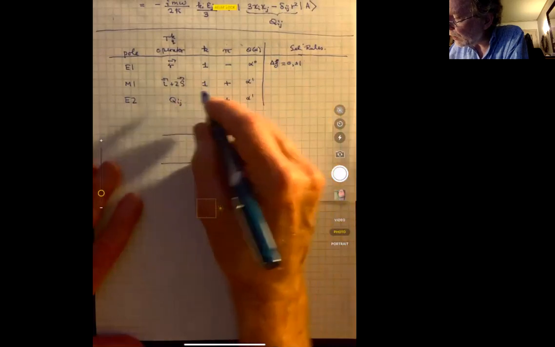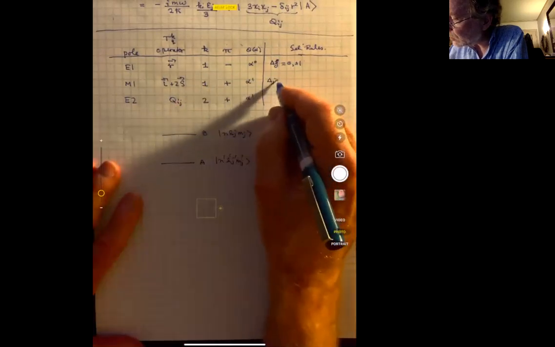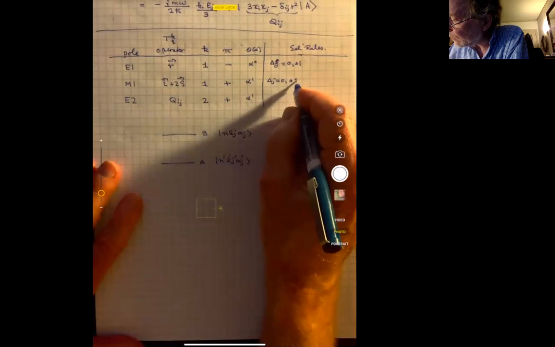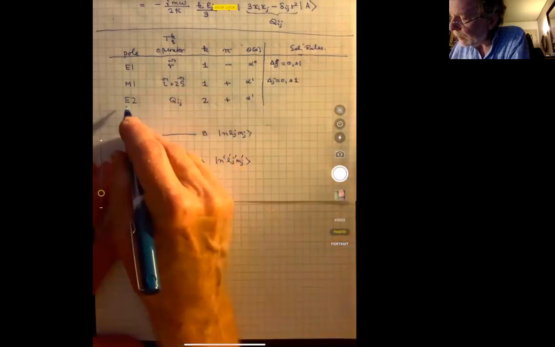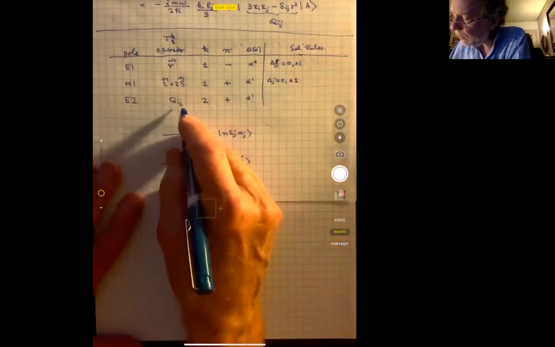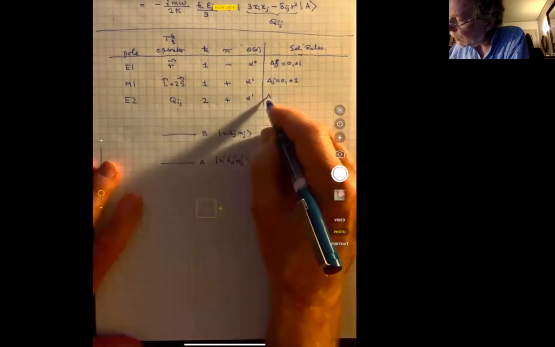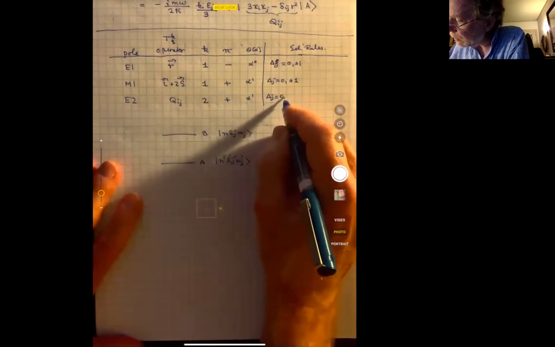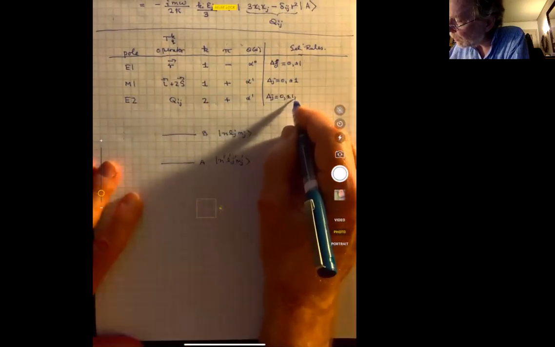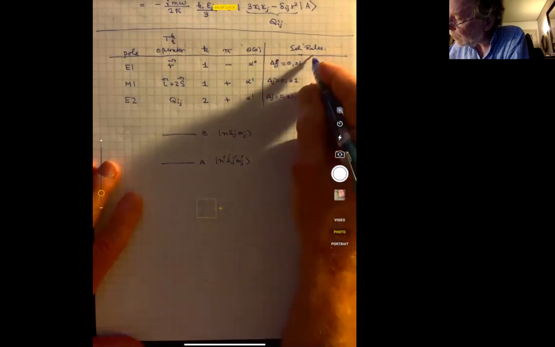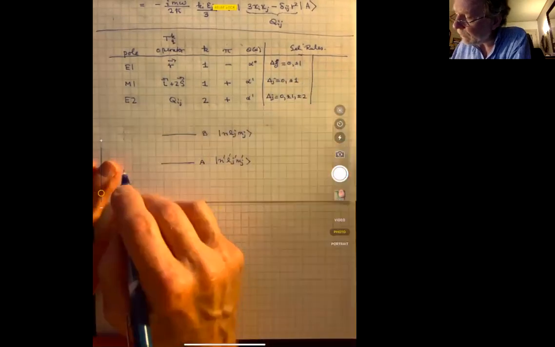The same thing is true for the M1 transition. Delta J is equal to 0 or plus or minus 1, again, because it's a vector operator. The E2 operator, electric quadrupole, is a K equals 2 operator. So now J can change by 2, so the delta J's are 0, plus or minus 1, or plus or minus 2. That's what you get for the delta J values.